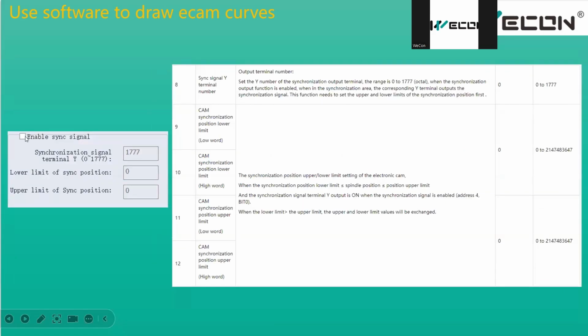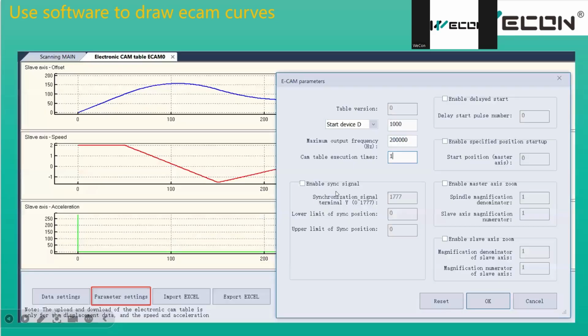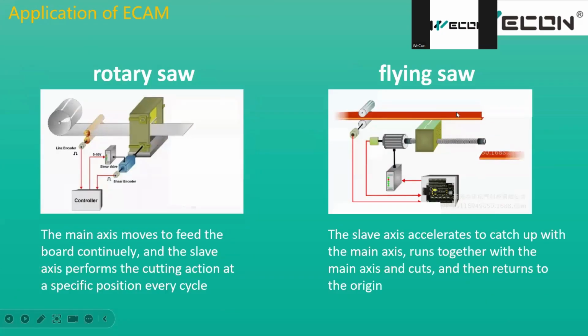And here, enable signal. Here we have the output Y terminal and the lower limit and upper limit of the sync position. How to understand this? We can see here. For this application, where is the sync area?